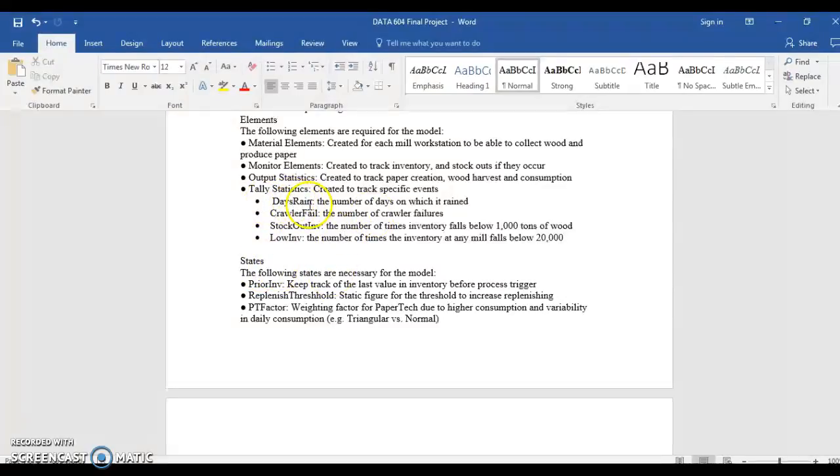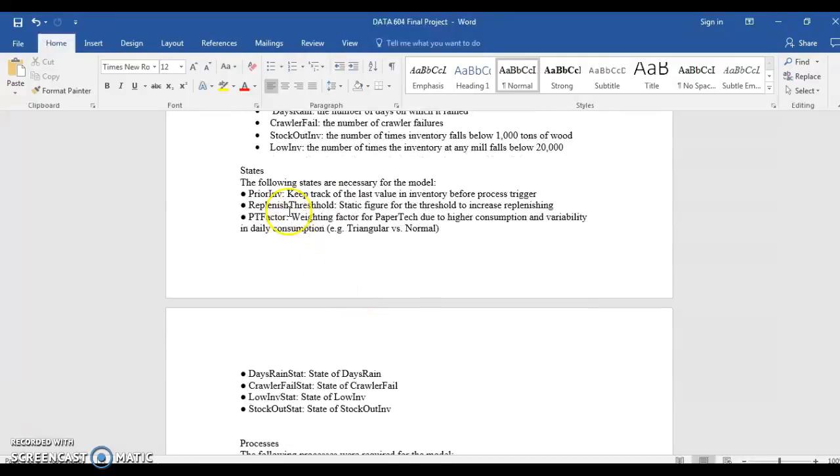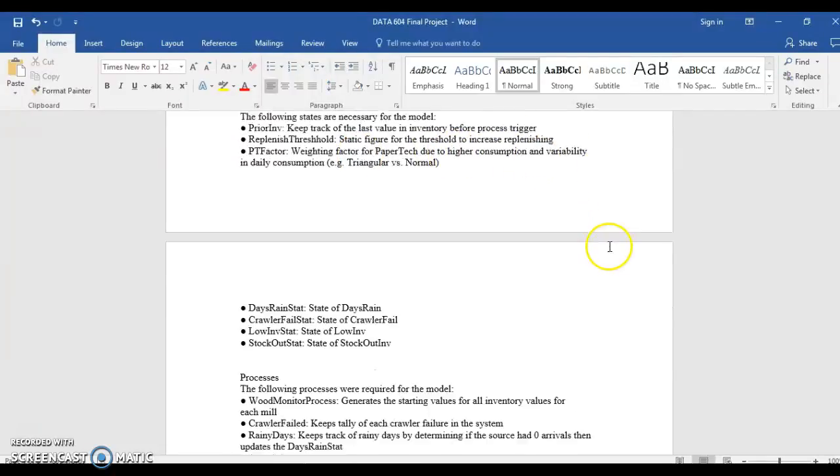Tally statistics are days of rain, crawler fail, stock out, and log info. For states we have the following: prior info, to keep track of the last value in the inventory before the process triggers, and replenish threshold, a static figure of the threshold to trigger replenishing, and a weighting factor for Papertec due to its higher consumption variability.